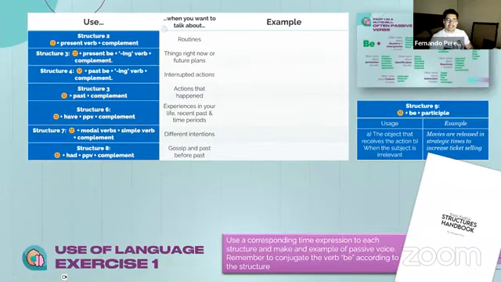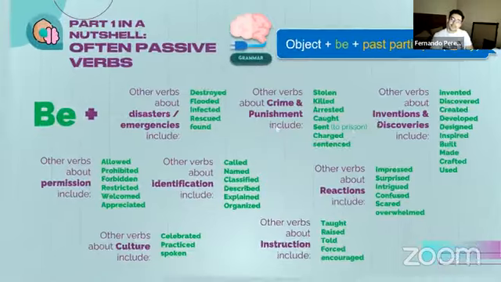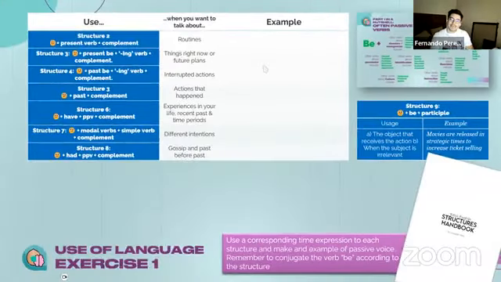If you're going to speak in present, if you're going to speak in past, about interrupted actions, actions that happened, you need to use this information to create passive voice in different tenses corresponding to the context. Let's build examples together.